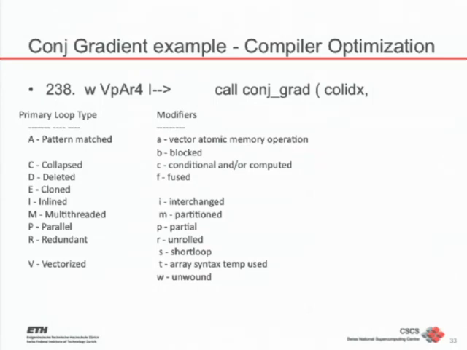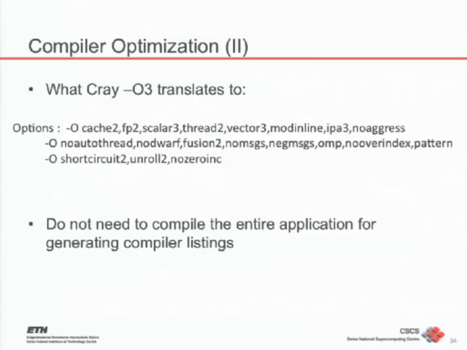And what that O3 translated to, you can also get, and this comes out of your listing file, and it will say it did all these things. Importantly, it gave very high levels of vectorization and scalar optimizations. Another thing that it did with FP2 is it said it didn't care too much about the accuracy of the results.